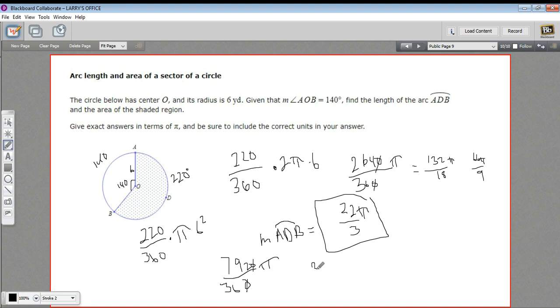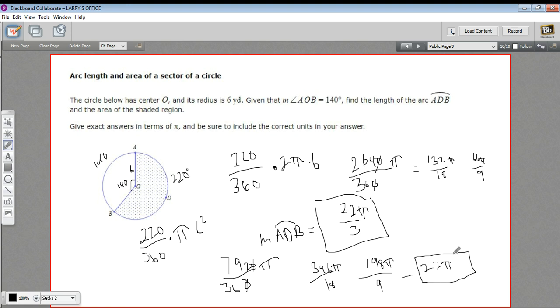So now I've got 396 pi over 18. Can divide by 2 again. And I've got 198 pi over 9. And let's see, is that further divisible? Oh, I think I can divide 198 by 9. So this just gives us 22 pi.